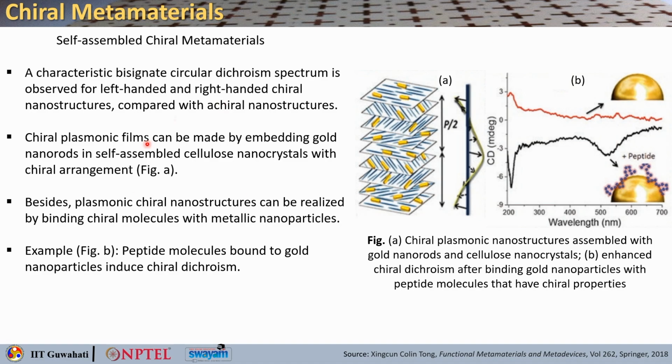You can either embed gold nanorods in self assembled cellulose nanocrystals with some chiral arrangement like this, okay, or you can have peptide molecules bound to gold nanoparticles that can also induce chiral dichroism. So, these are different ways you can realize chiral metamaterials, and they will show different responses to left hand circular polarized light and right hand circular polarized light.